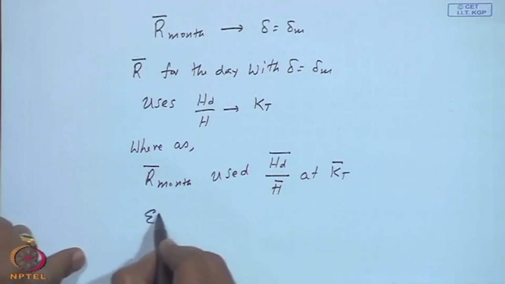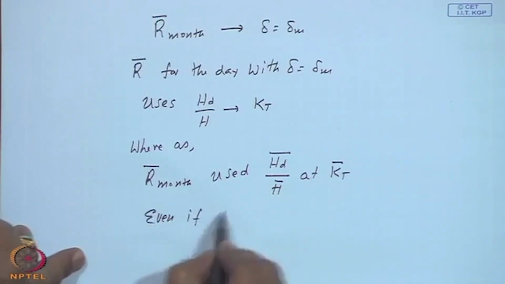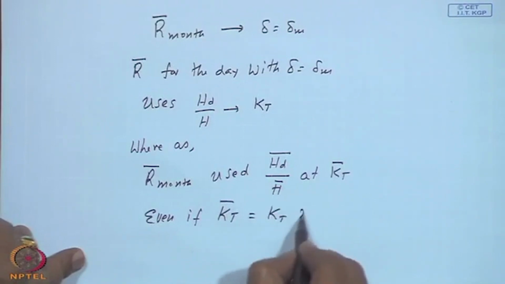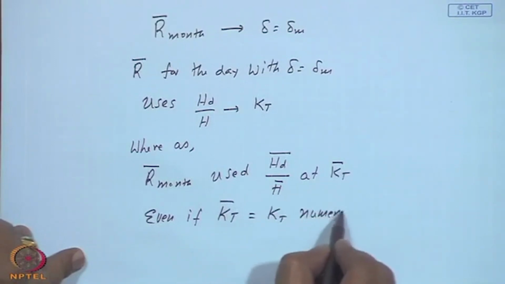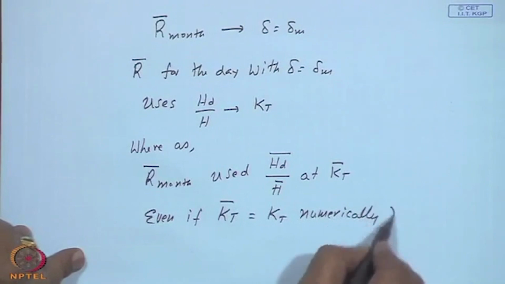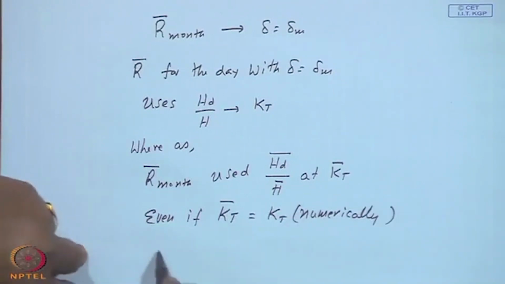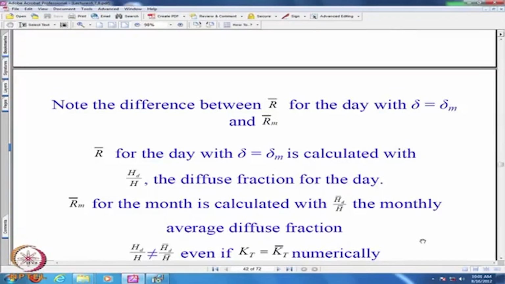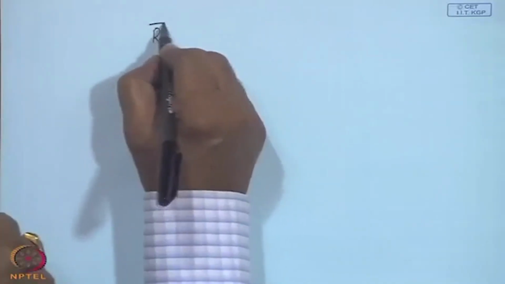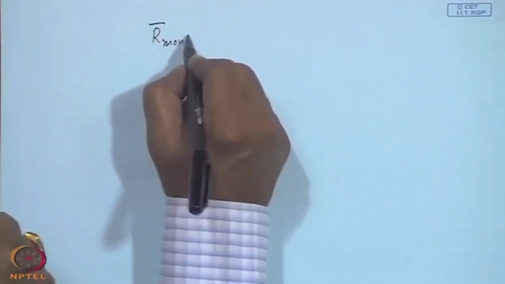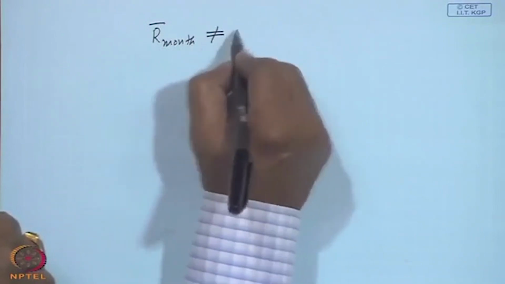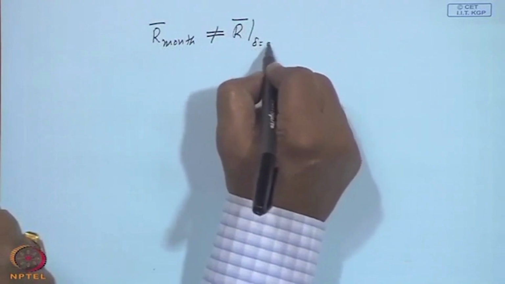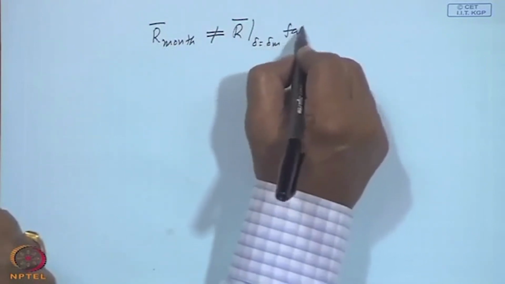So, even if you have numerically, let us say, this R bar month is not equal to R bar at delta is equal to delta m for a single day.